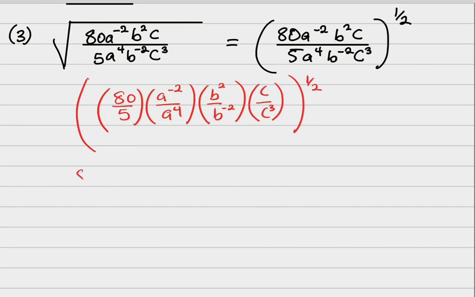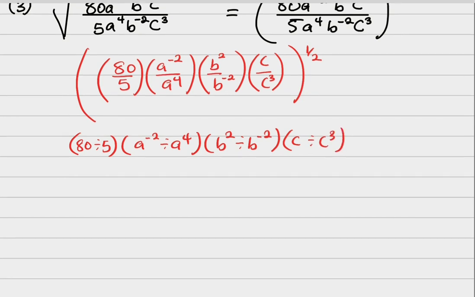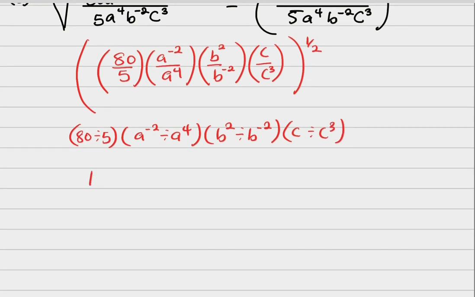Now I move. I'm going to have 80 divided by 5. Then I have a raised to power minus 2 divided by a raised to power 4. Then b raised to power 2 divided by b raised to power minus 2. Then c divided by c raised to power 3. This is going to be 16.